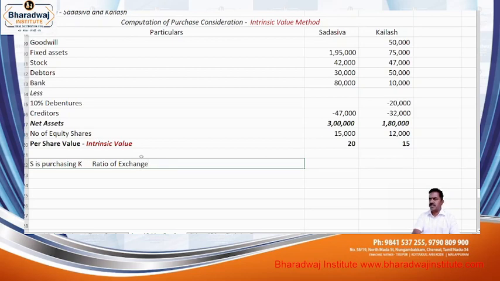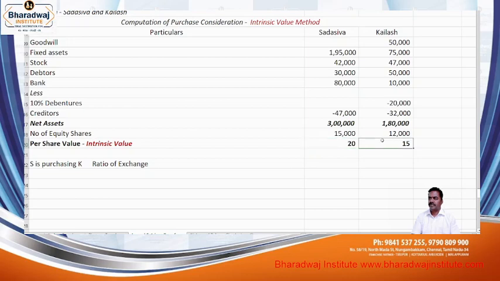Ratio of exchange: one is a logical way, another is a formula method. The logical way is always better to remember. What is the value of S? 20. What is the value of K? 15. So let us take the LCM, common multiplier, 60.